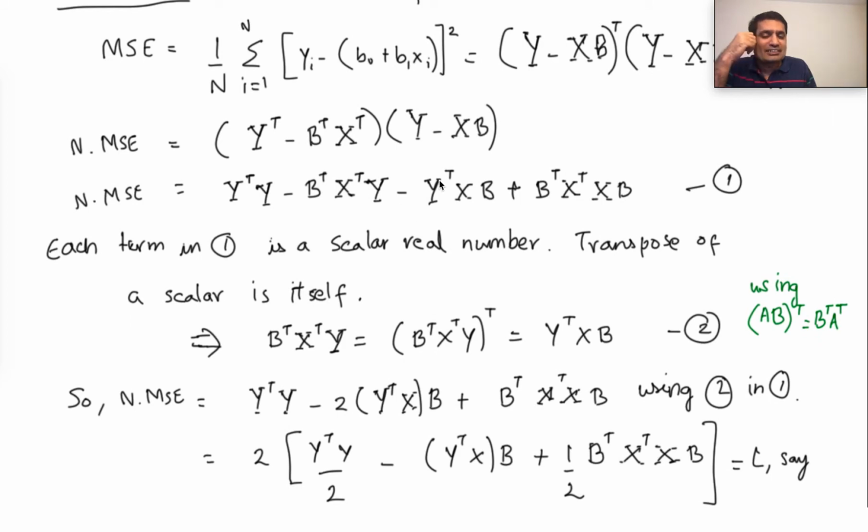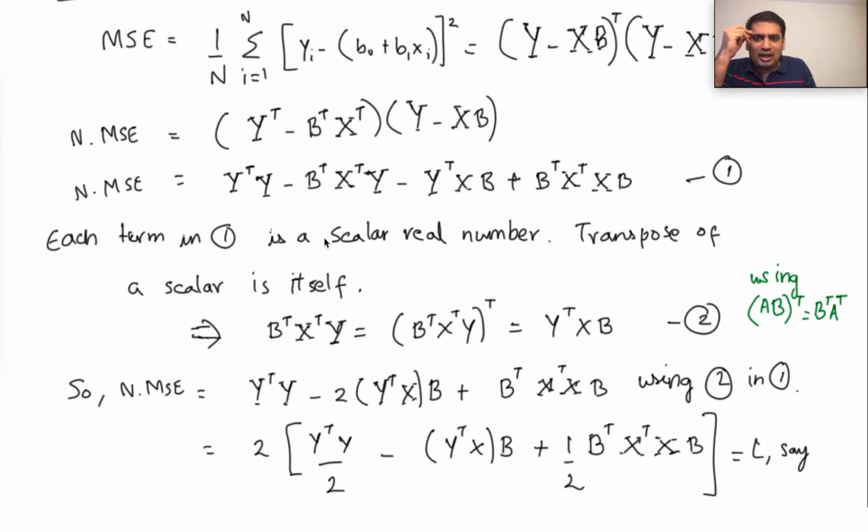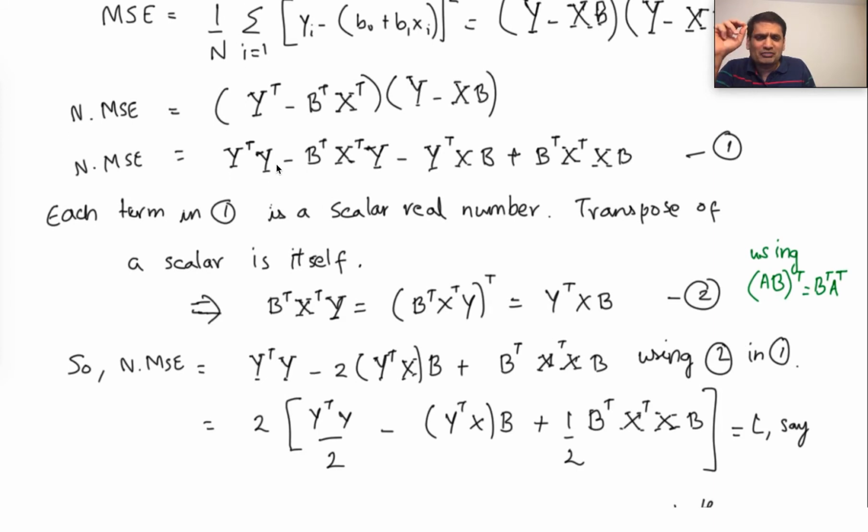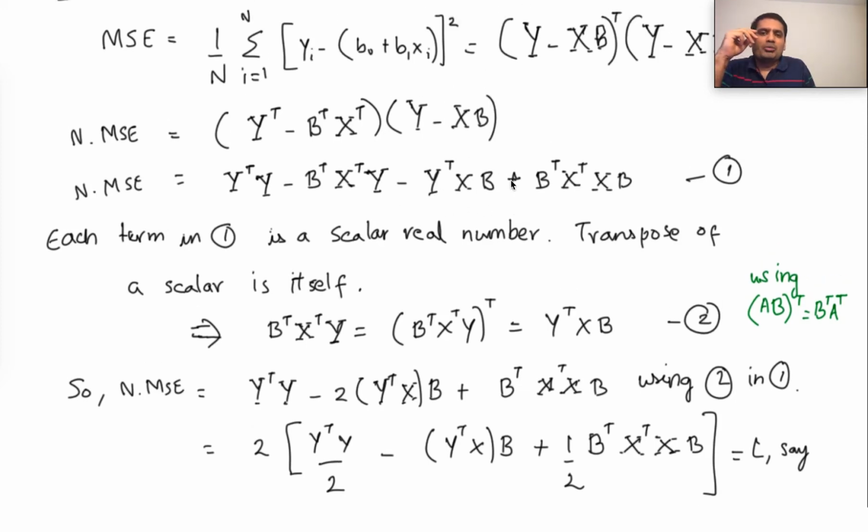We can simplify this expression a little bit. It turns out this expression and this expression are actually identical, and we can show that in the following manner. So first of all, note that each term in this expression is actually a scalar. It's a real number. This is a real number, this is a real number, this is a real number. Why is that?